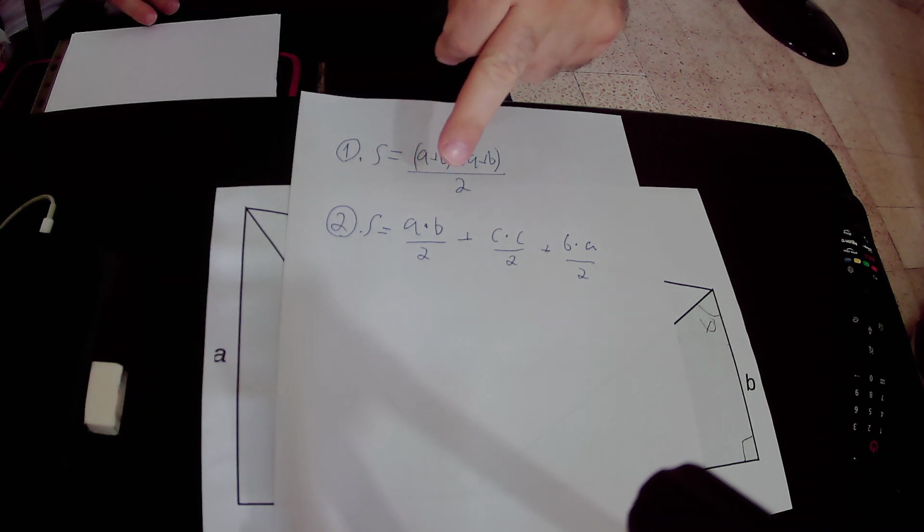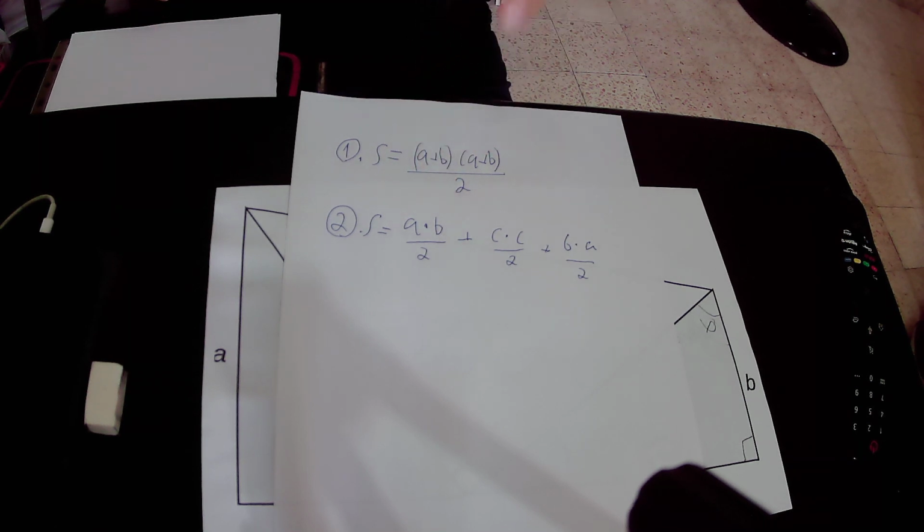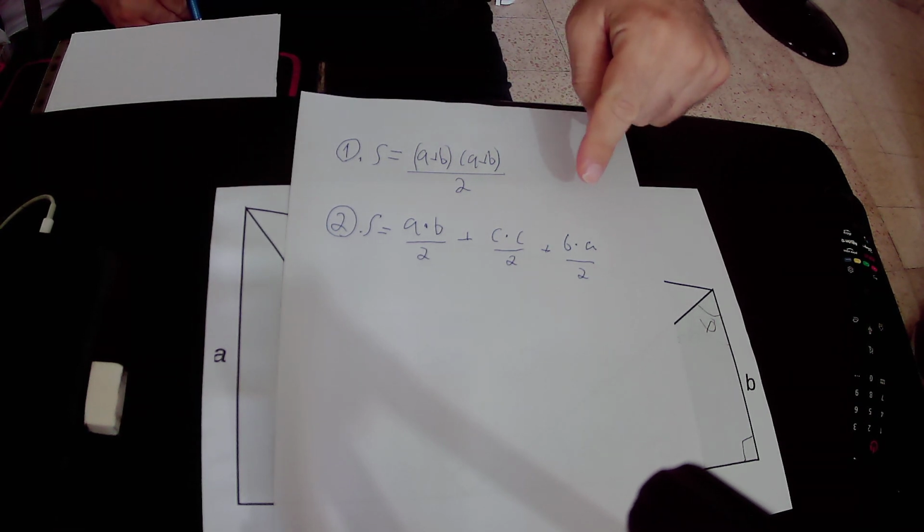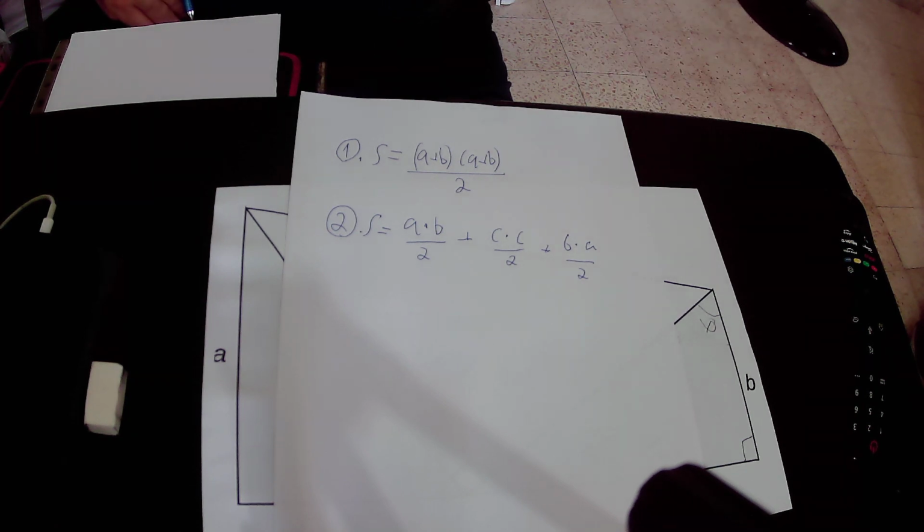The area of the right triangle is A times B divided by 2, plus the area of the middle triangle, that is C times C divided by 2, plus the area of the left triangle, that is B times A divided by 2.